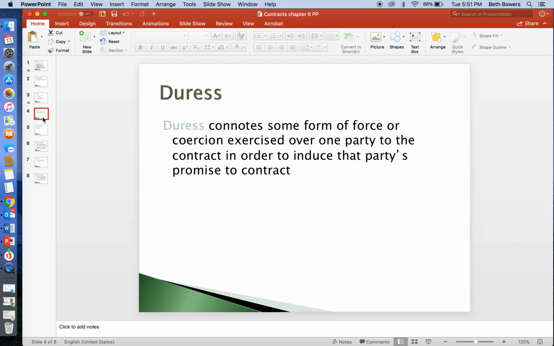So in that case, if someone is induced into entering into a contract under mental duress, they would have the power to invalidate or void that contract if they can prove mental duress.